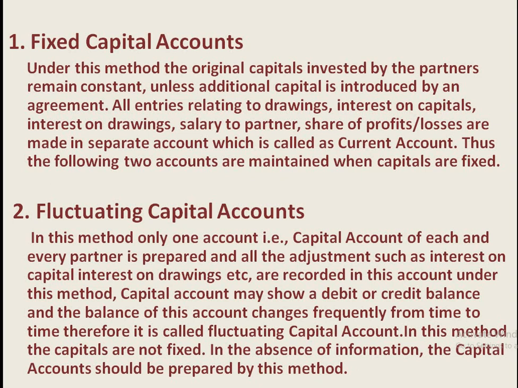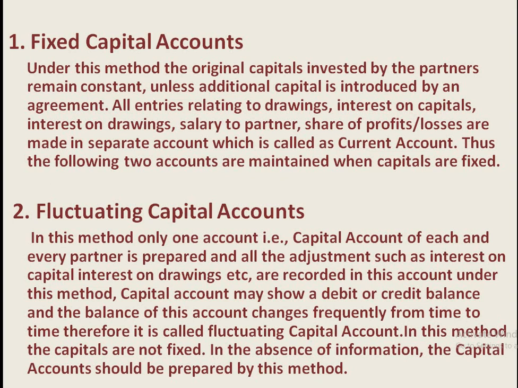Another capital account method is fluctuating capital account. This is the maximum used method of maintaining partners' capital account. In fluctuating capital account method, the firm maintains only one account for each partner, and it is the capital account. Current account is not maintained.